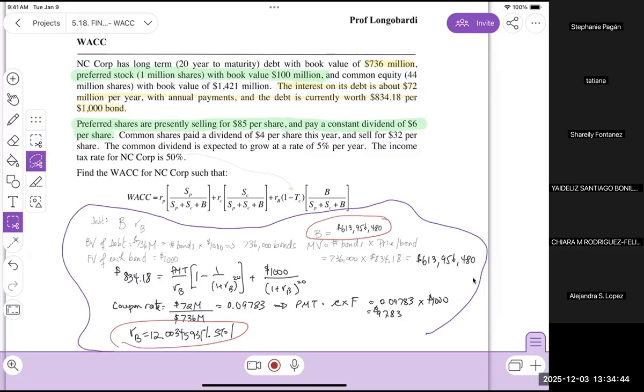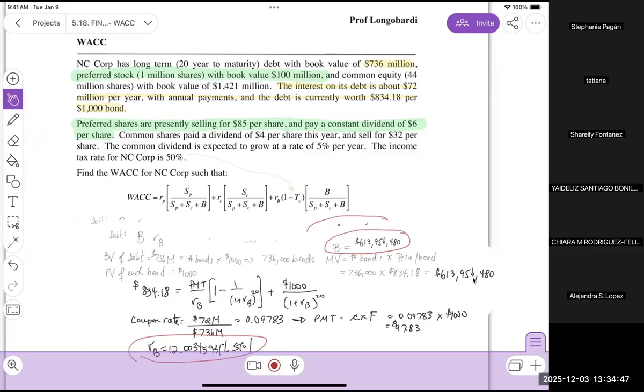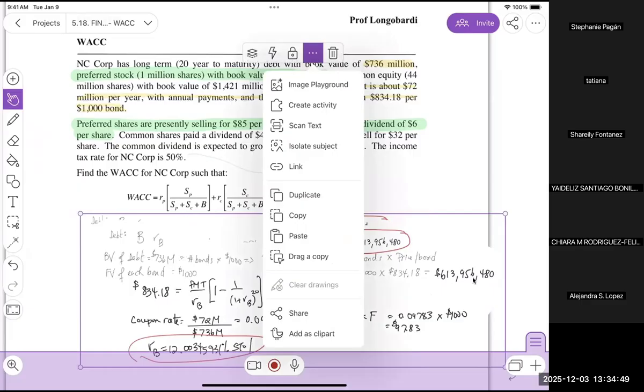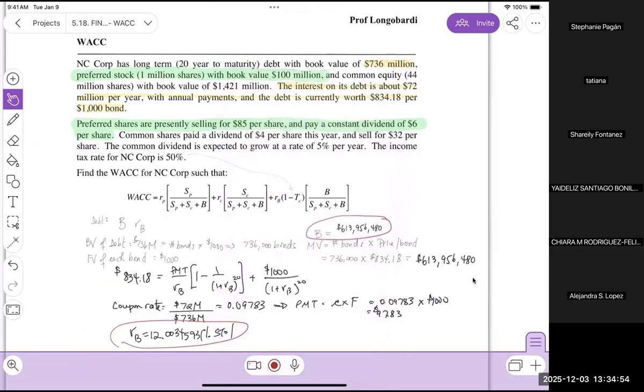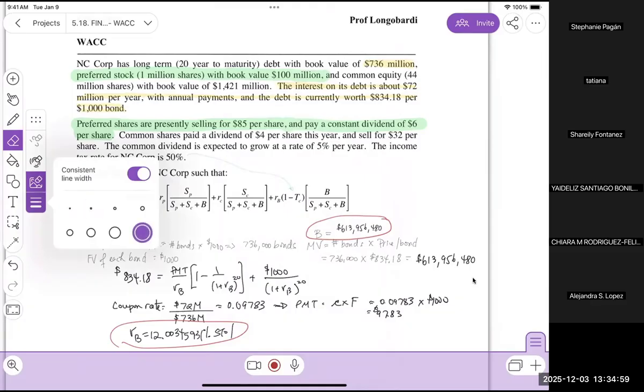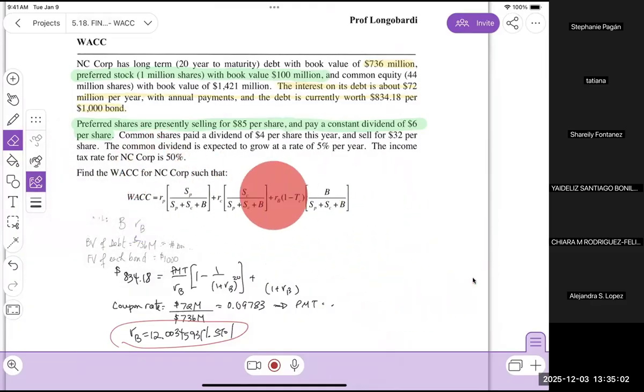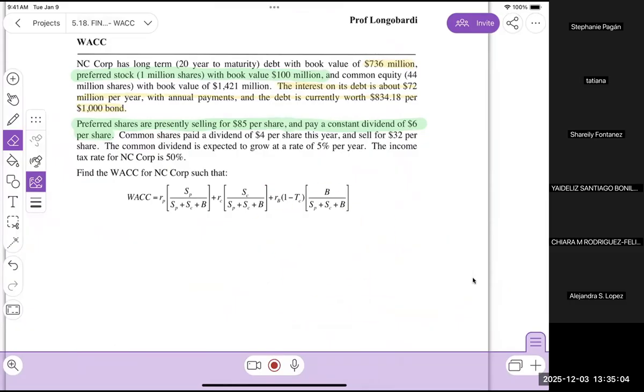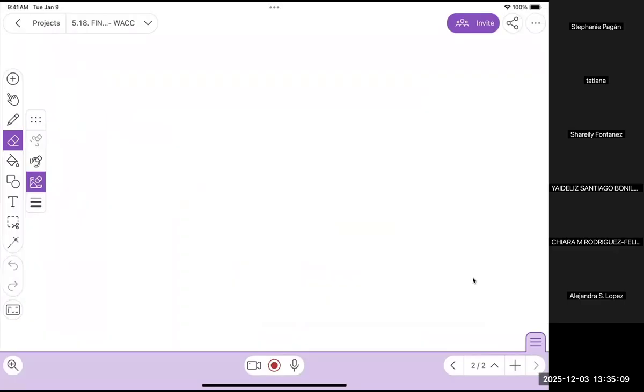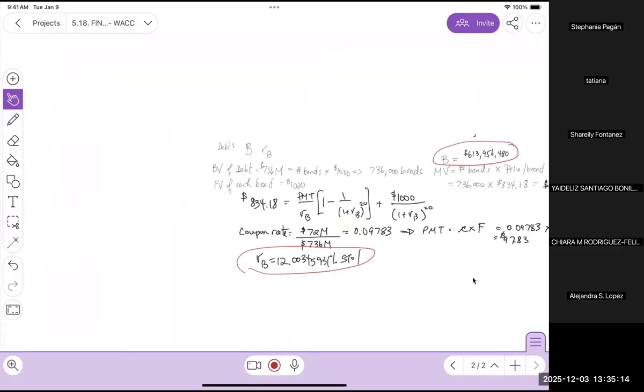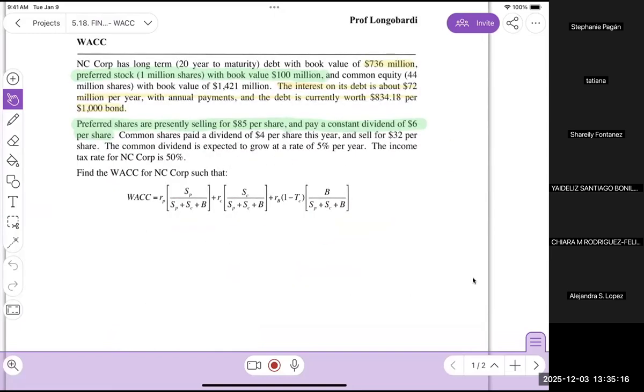Another page. Okay, so we're going with the green.